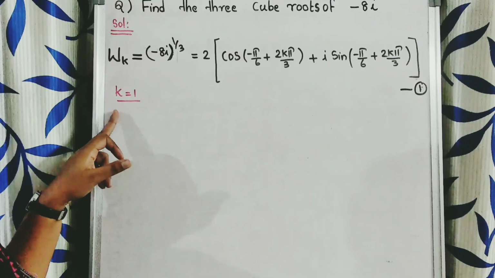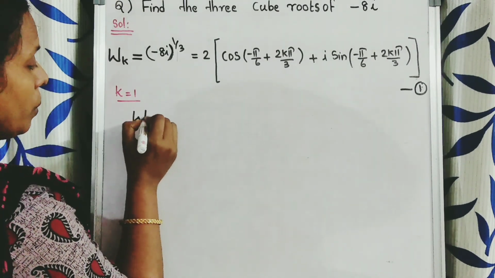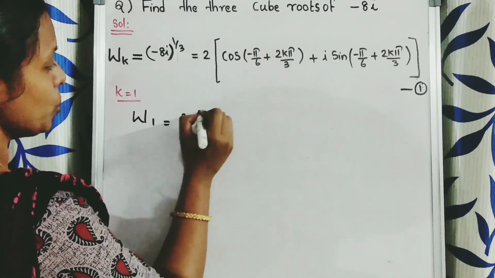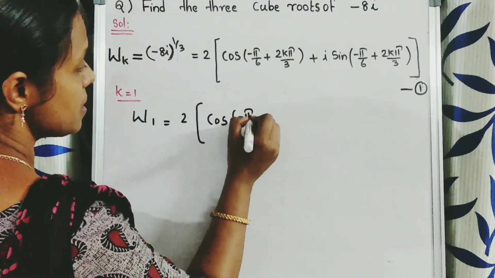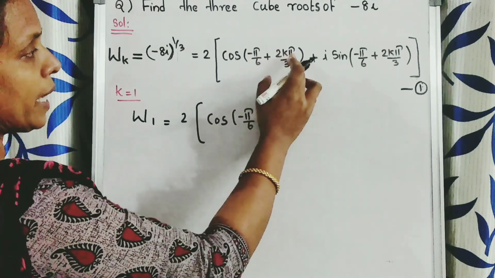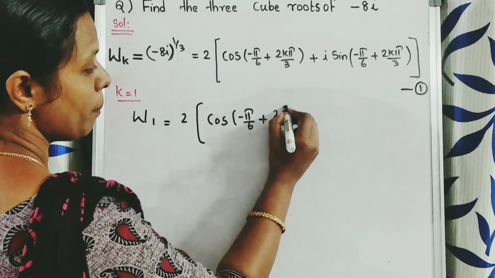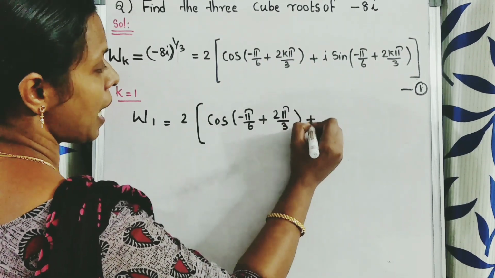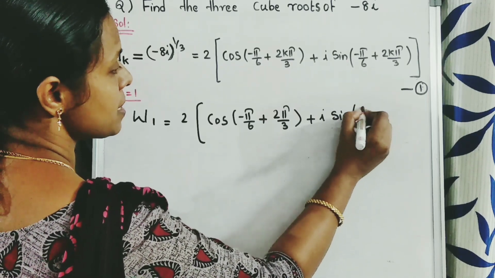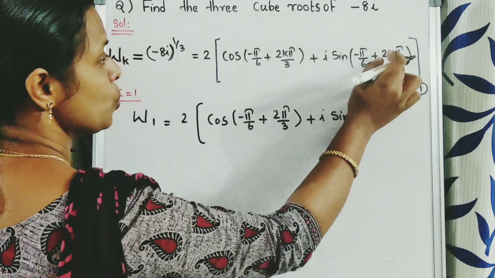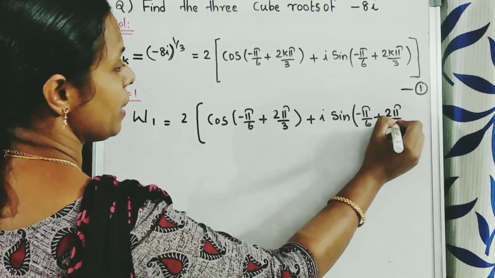Now putting k equal to 1 in equation number 1, we get omega 1. Omega 1 is equal to 2 into cos of negative pi by 6 plus 2k pi by 3, putting k equal to 1, we get 2 pi by 3, plus i into sine of negative pi by 6 plus 2 into k, here 1, then we get 2 pi divided by 3.